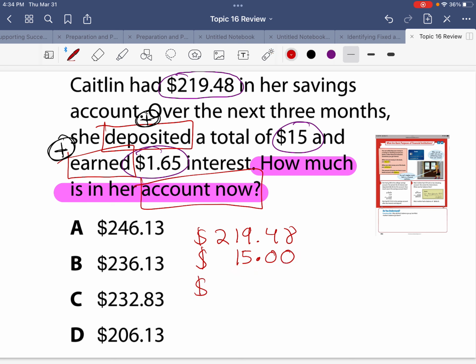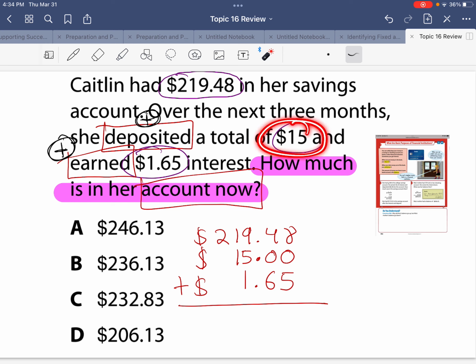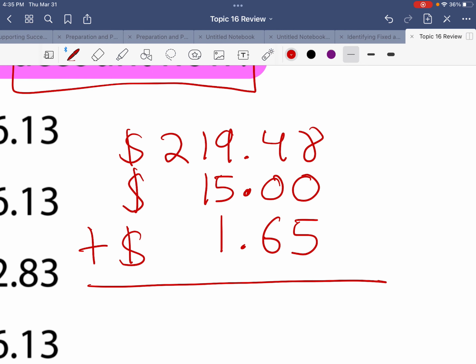And I'm going to add $1.65. Okay? Remember, if it doesn't have the decimal, like 15, you always put the decimal at the end of the number, and you put your 00. Or you can say the front of your number. My bad, the front of your number. So now I'm going to add it.